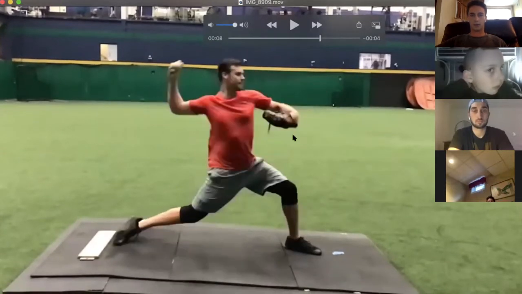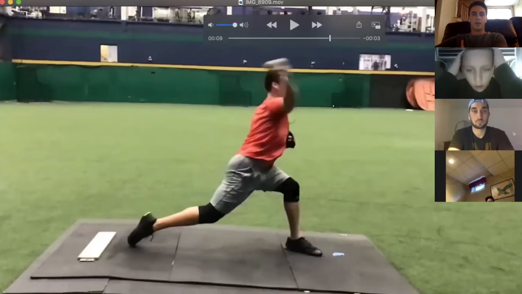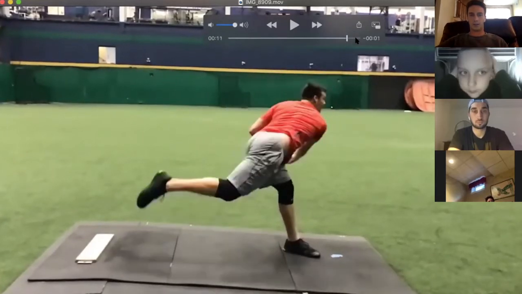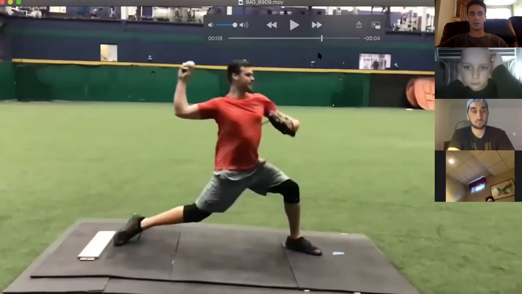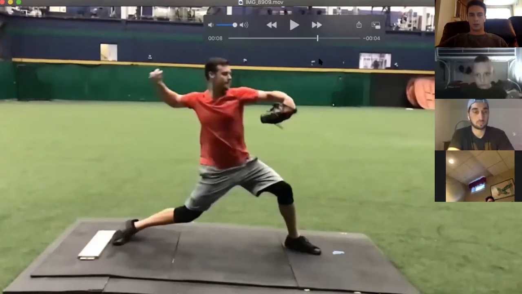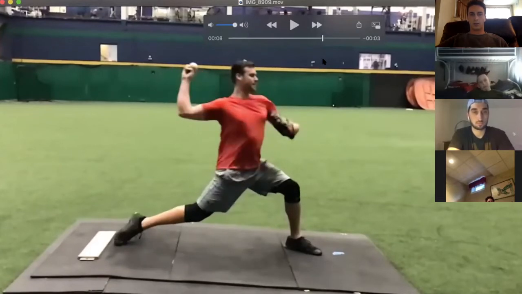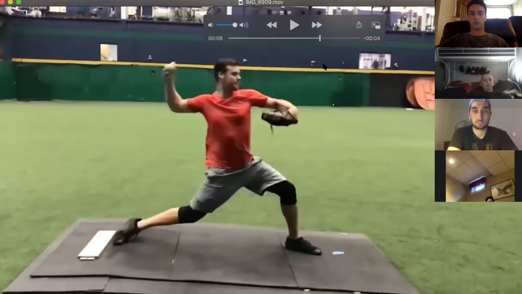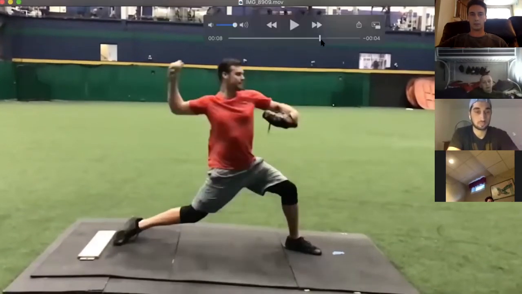And that front leg, as he lands, you see that knee does a pretty good job of stabilizing, right? So he doesn't get that lead knee extension or that full lockout that you see with some guys, but he does a good job here of, once he's down, that front leg doesn't continue to roll, and it stabilizes really well as he lands.